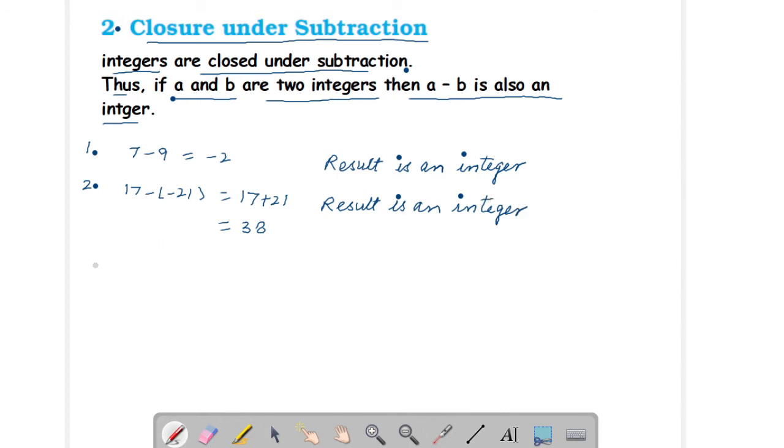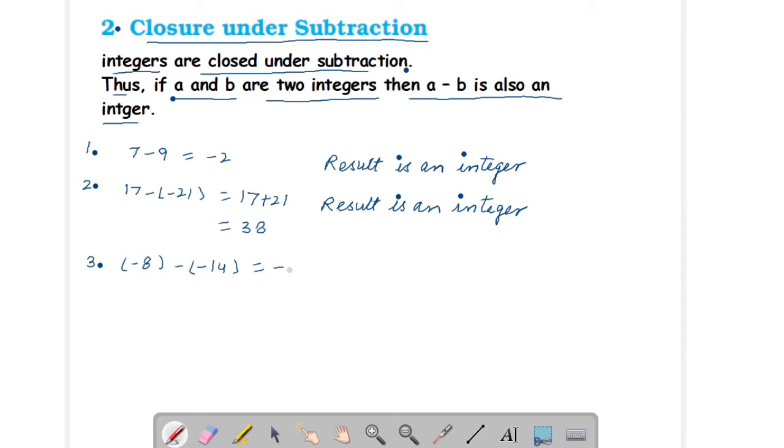Let us take third example. Minus 8 minus minus 14. What will you get?